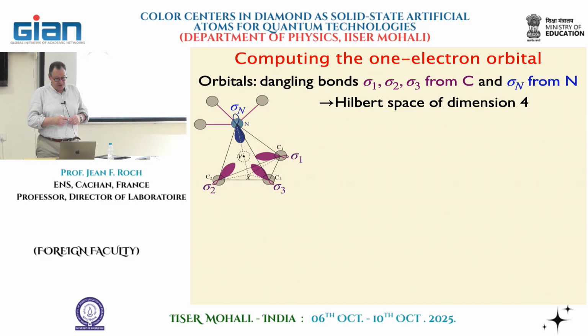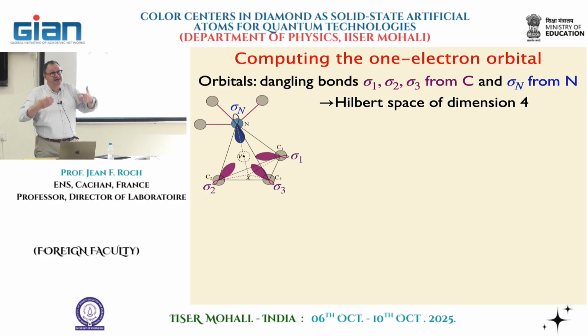So again, I have 3 dangling bonds, and I combine, like in molecules, you've learned that the wave function of H2 molecules is obtained by linear combination of the hydrogen wave functions. It's the same idea.